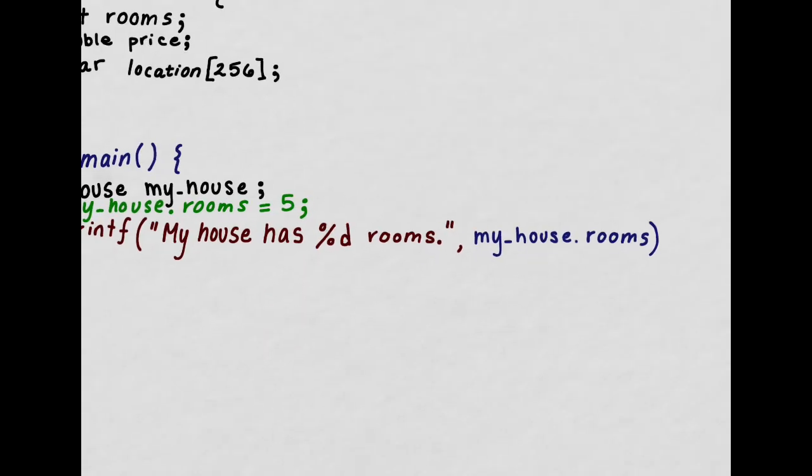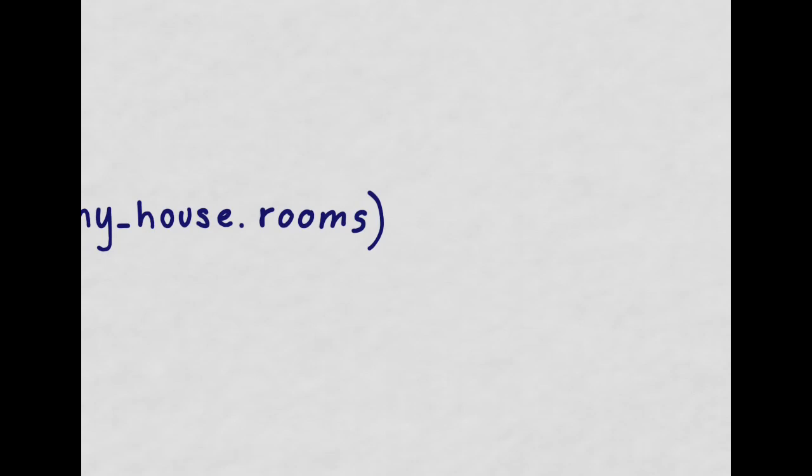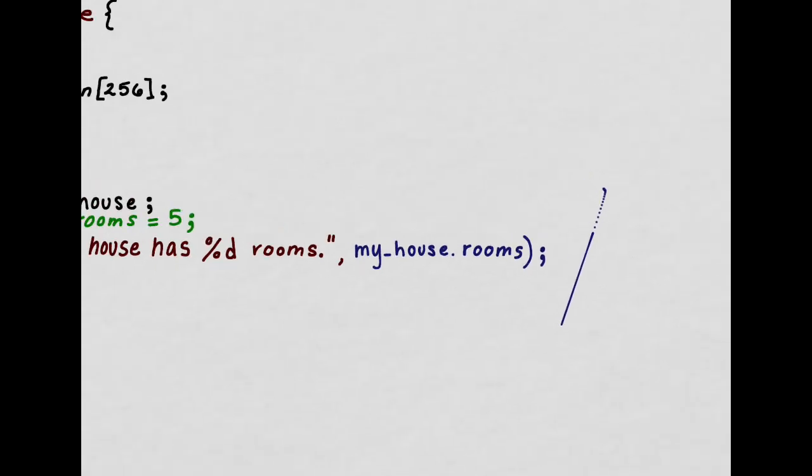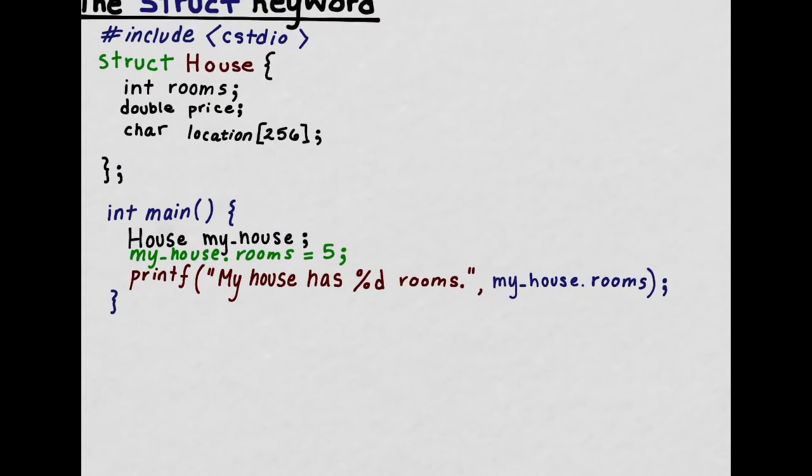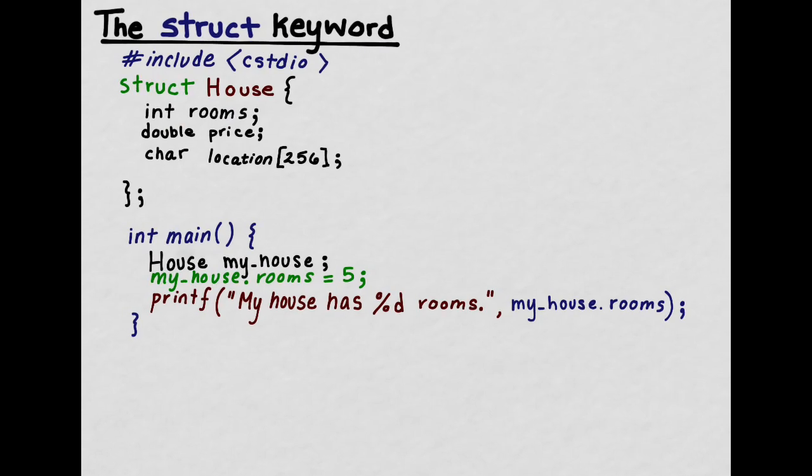And we don't need any parentheses or anything. Close the parenthesis for the printf function and put a semicolon. So that's how you use a struct in C++.